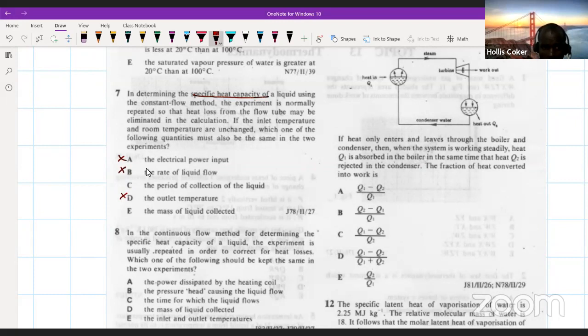So I think the mass of the liquid collected will be different for sure. And the answer, C, the period of collection of the liquid. To get the mass rate to be different, if you collect for the same time at two different mass rates, you will collect two different masses. So the answer will be C there. Let me just double check to make sure that is the answer. Can't be anything else.